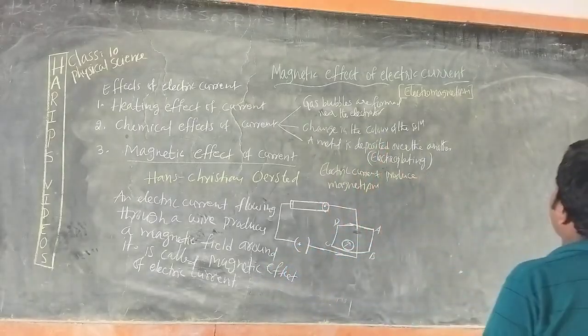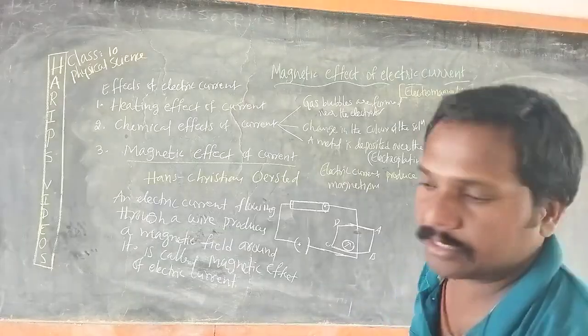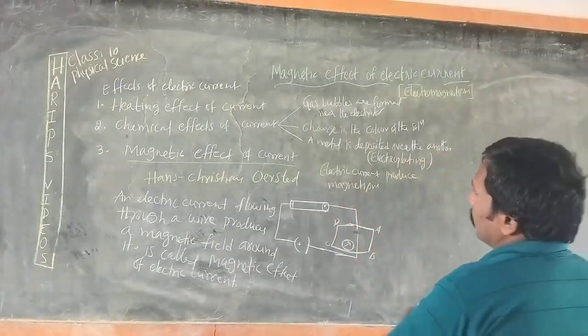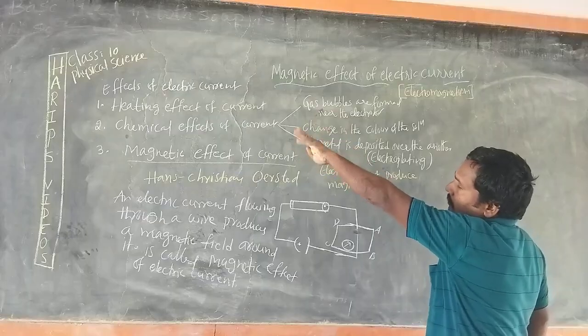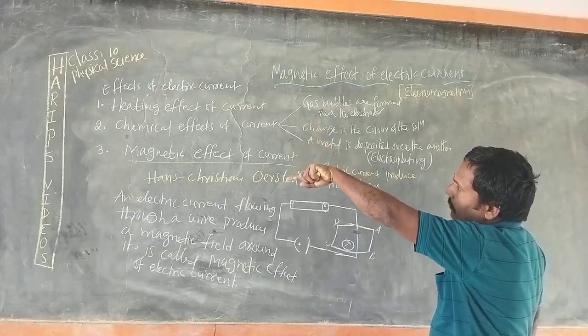Now let us understand about magnetic field. So these are some effects of electric current: heating effect, chemical effects, magnetic effect.